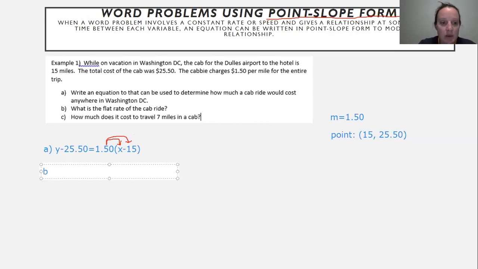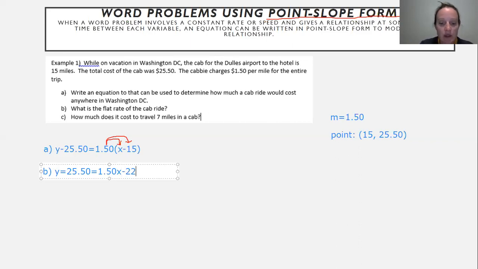So let's do this one, guys. We have y minus 25.50 equals, now I'm just going to distribute that $1.50. Now it's $1.50 times x. So $1.50 times 15 is $22.50.